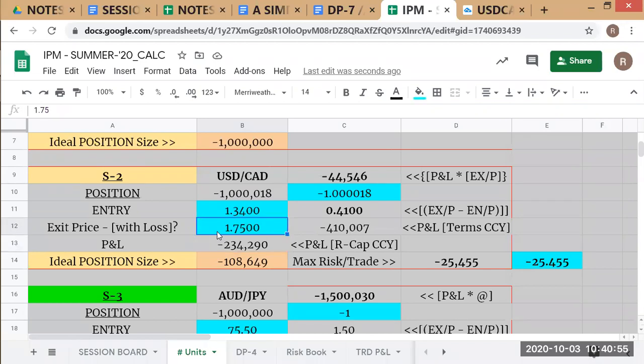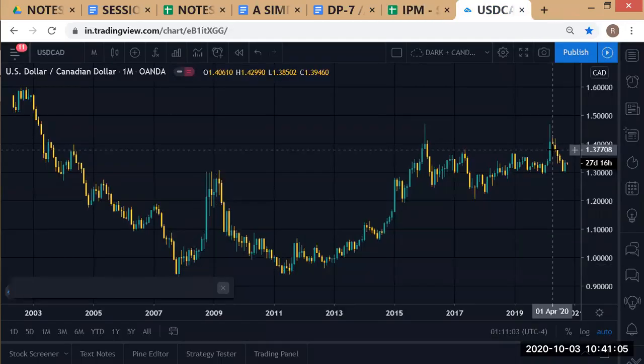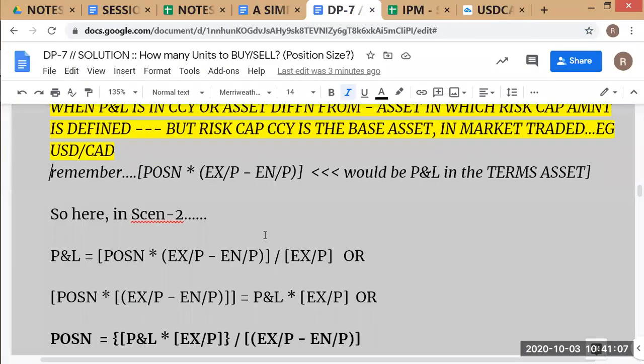So I think we can just do Control Z. This difference that you're talking about, entry minus exit, gets factored into the first part of the equation, when you're modeling the trade PNL in the risk capital currency. The LHS here is trade PNL in the risk capital currency, and the RHS has two components.